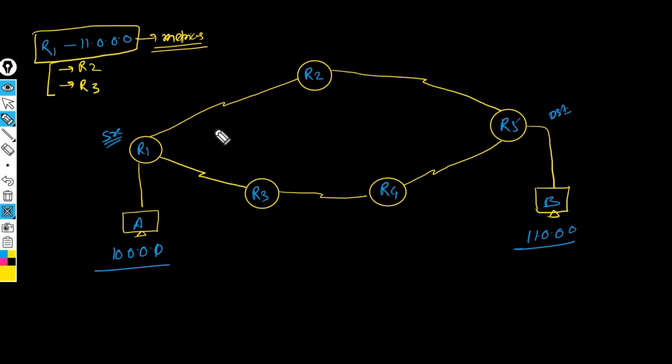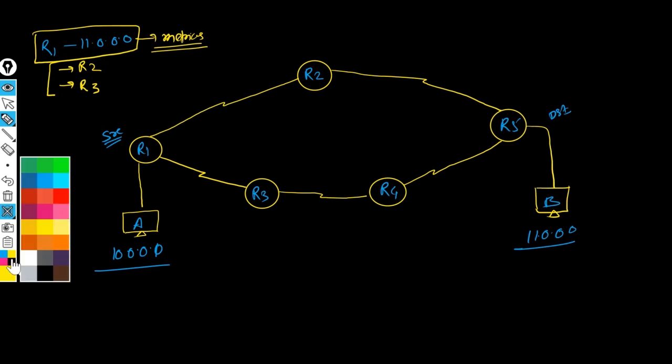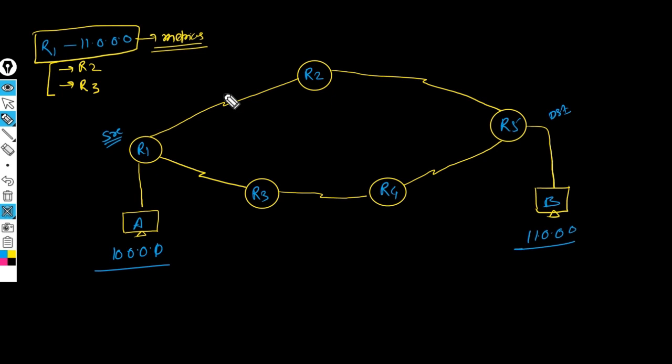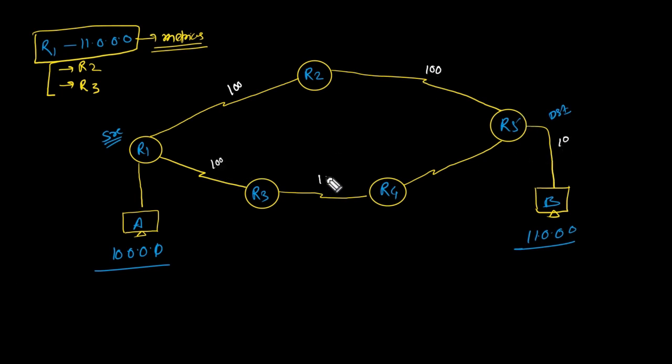For example, let's say some metric values here. I am just keeping random numbers. Let's say the metric value is 100, 100, 10. Here 100, here 100, 100.